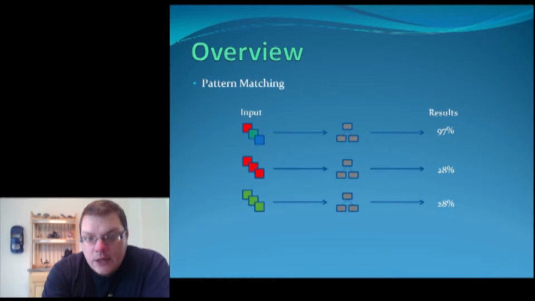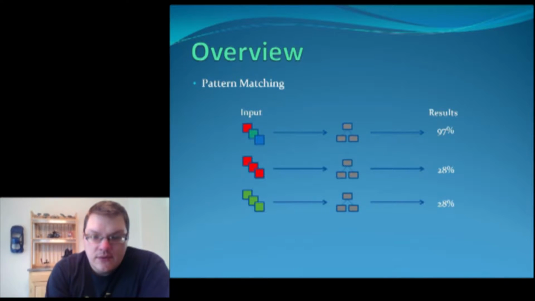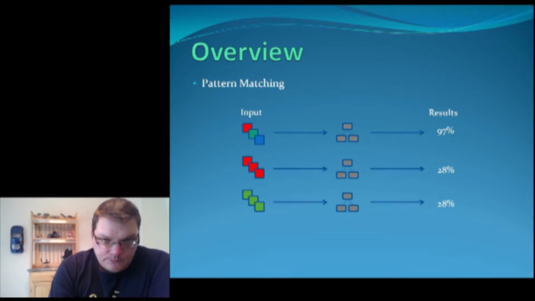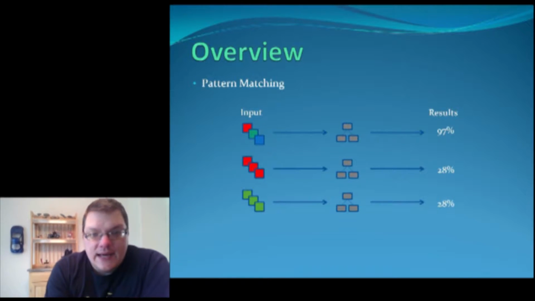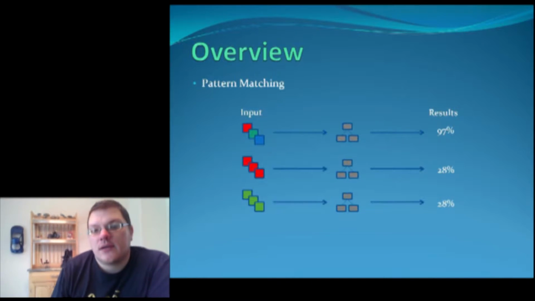For our first example, it's red, green, and blue. That specific pattern will be trained to the neural network so that it can recognize that pattern and give us a result saying how close the current input matches the trained pattern that's stored in the network.